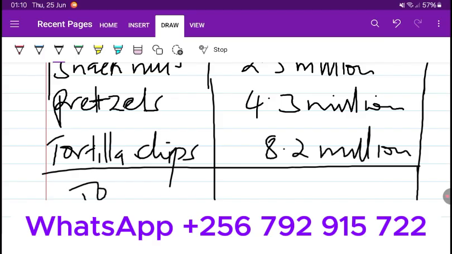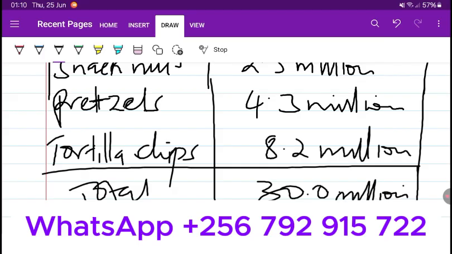We have the total frequency, or what we call the number of pounds. They are 30.0 million, the total. So use that and you construct a pie chart using percentages.